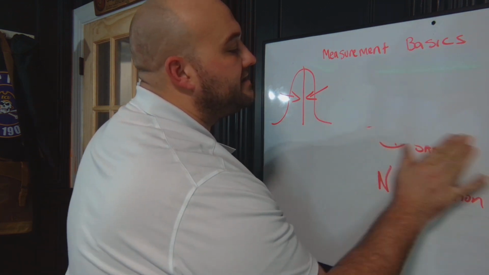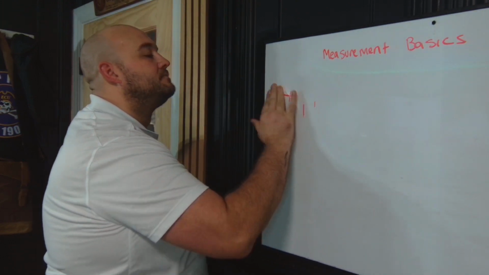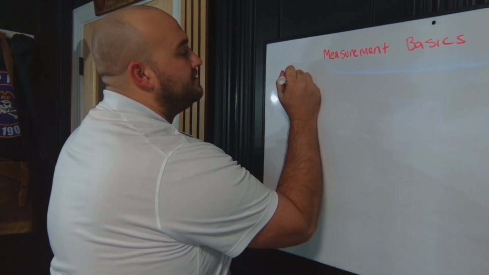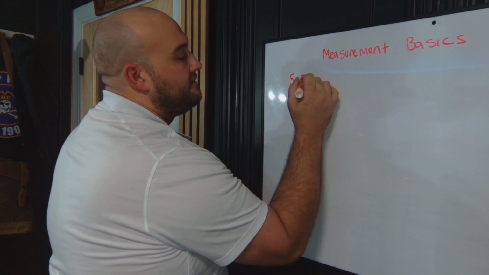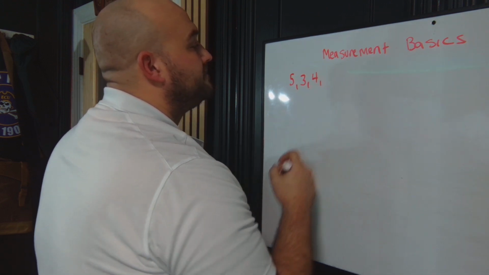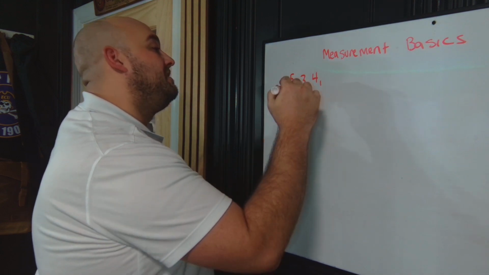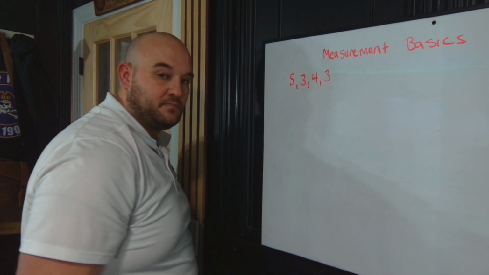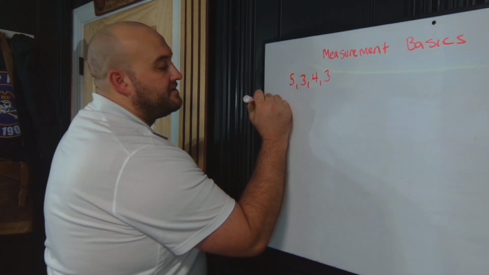So let's look at an example with average real fast. Let's say I have four numbers: 5, 3, 4, 3. I want to find what the average of it is.